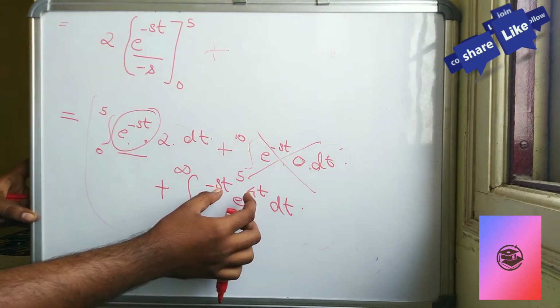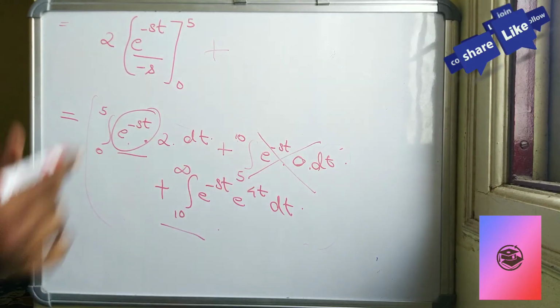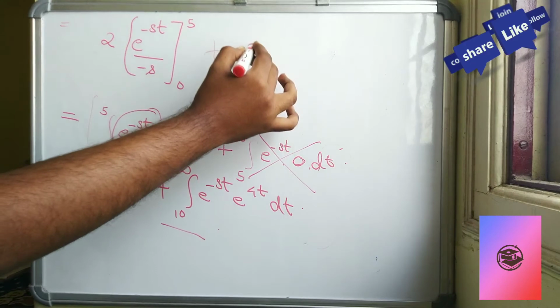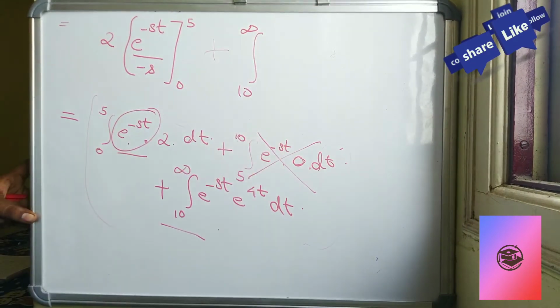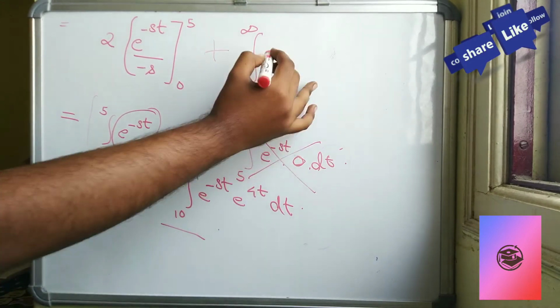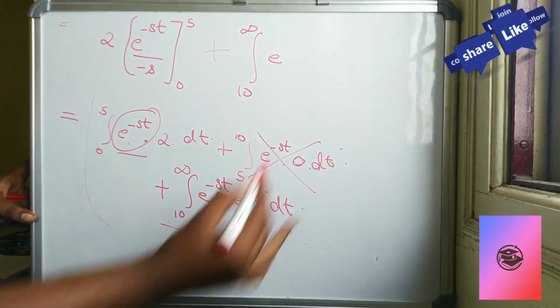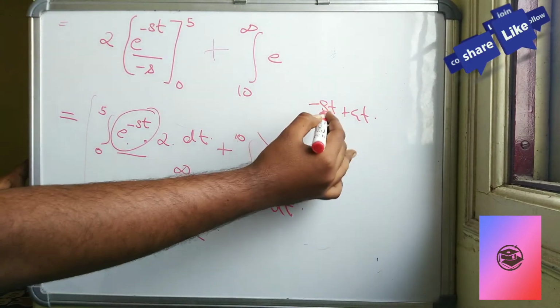Now you can add the exponents, the powers, right? So I can write this as the integration from 10 to infinity of e power minus st plus 40. Now what will be minus st plus 40?